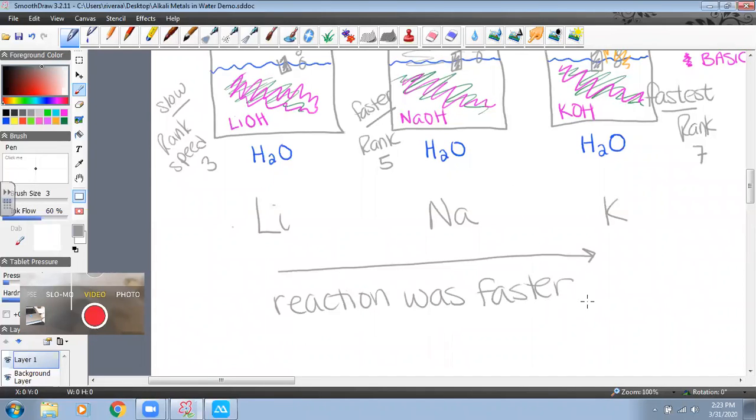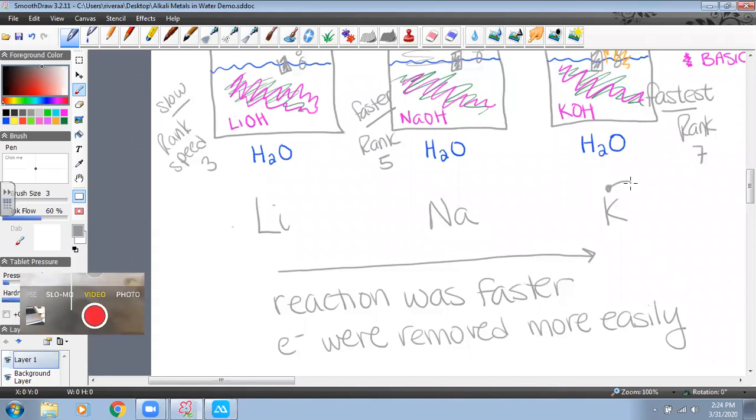And by being faster, what that must mean is that the electrons were removed more easily as we go down the group. Like potassium's 1 valence electron was easier to pluck off than sodium's or lithium's. And that's that question Anthony's wondering about. It's like, where'd those electrons go?